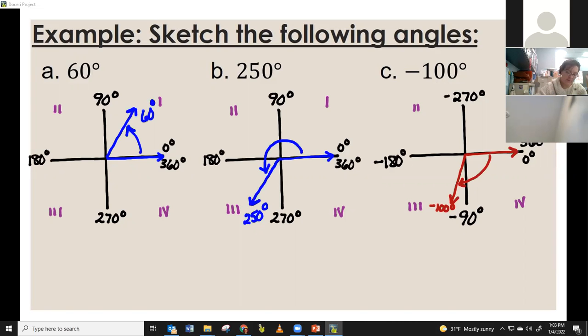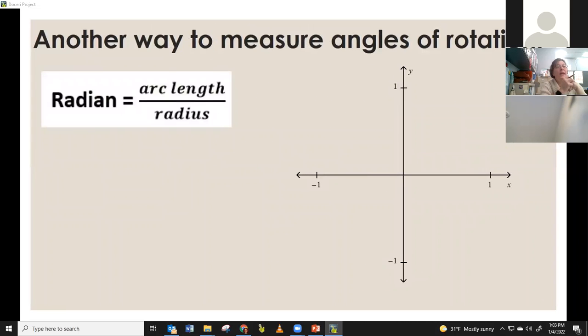That other way to measure angles is called a radian. To figure out how many radians something is, I'm going to take the arc length, so along the outside of the circle, and I'm going to divide that by the length of the radius.